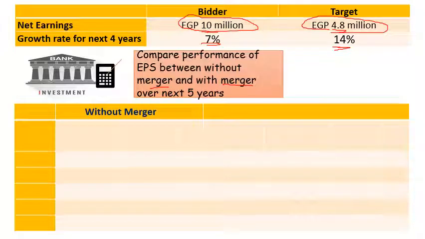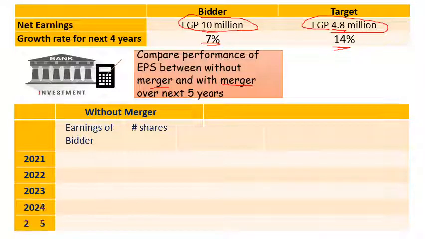So the investment bank will calculate the earning per share over the 5 years without merger. Earnings of the bidder and the number of shares are the two inputs for calculating earning per share.